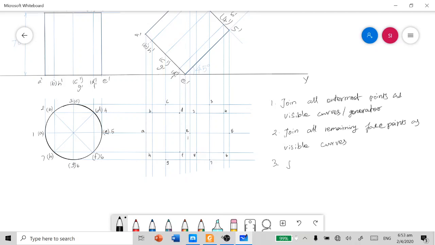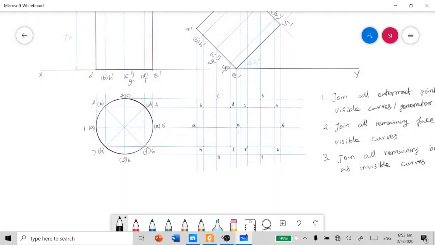And the third rule is how to join all remaining base points as invisible curves. Now look over. I am going to join as per the rule.